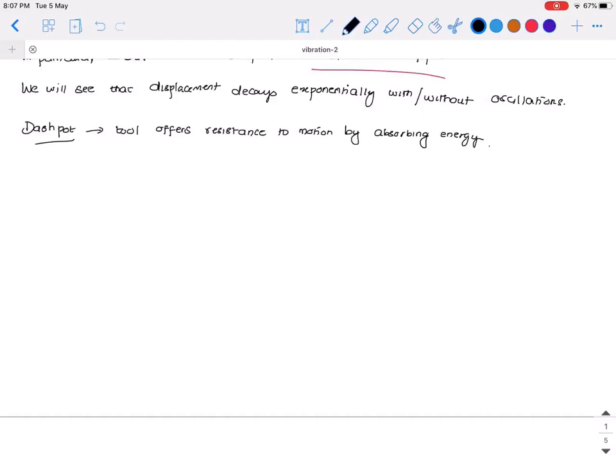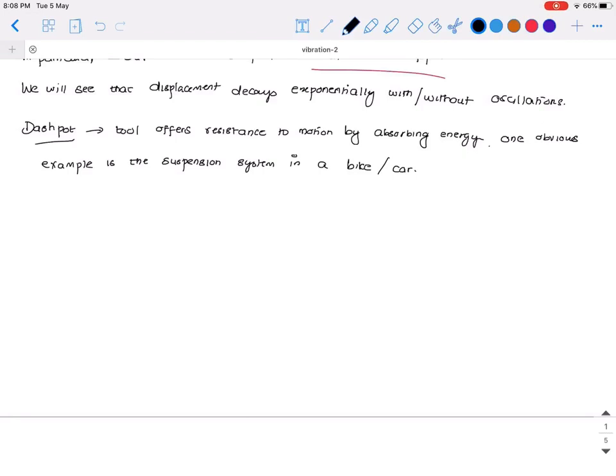Okay, so a dashpot is any tool that offers resistance to motion by absorbing the energy from the system. One obvious example of a dashpot is the suspension system of an automobile or a bike. The suspension system in a bike or a car is a perfect example of a dashpot.